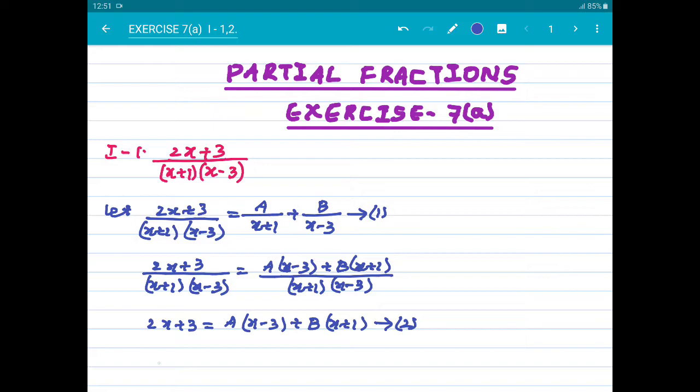To get the value of a, put x = -1 in equation 2. We substitute x = -1 in both the left and right of equation 2.